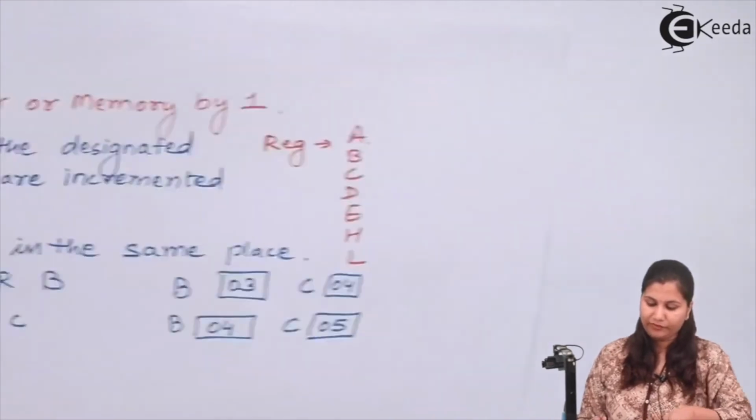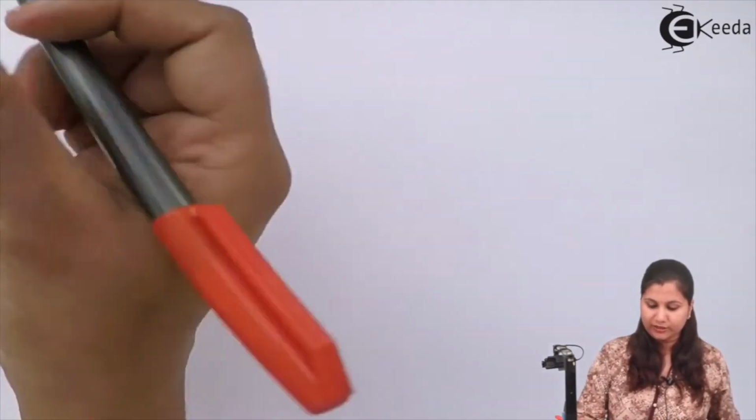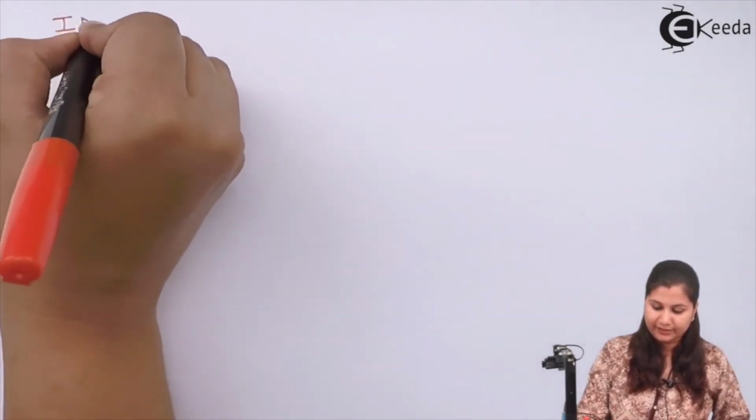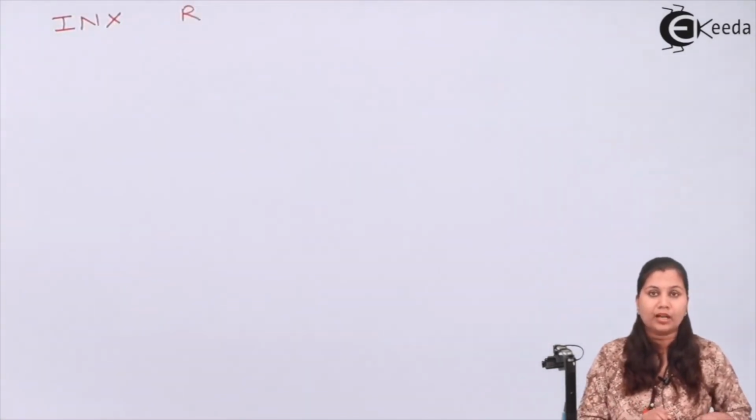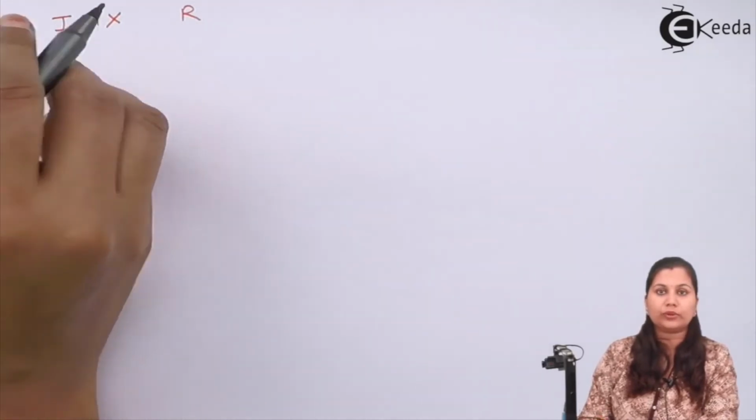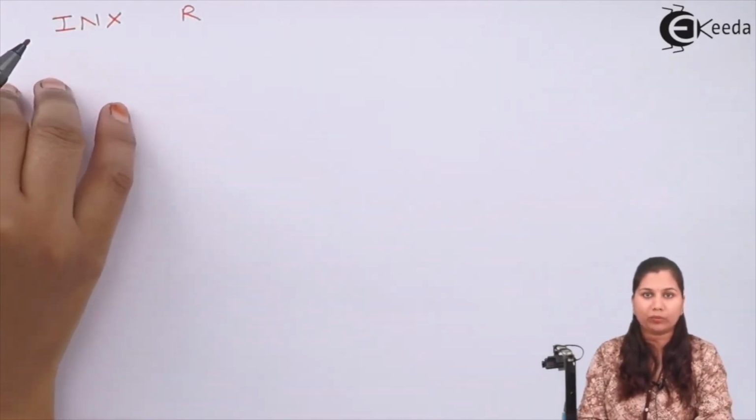Again, we have a modification of this instruction. We have INX R. Now this instruction is used to increment the register pair by 1.